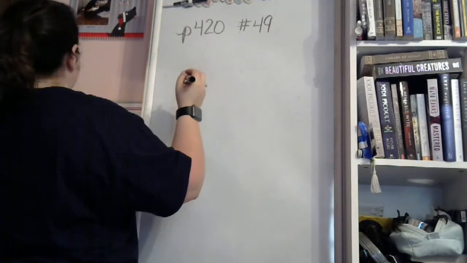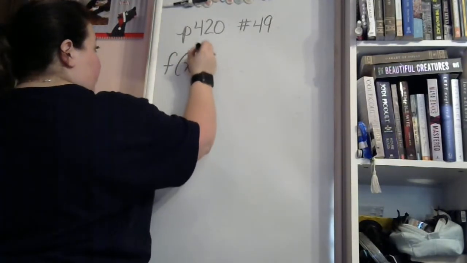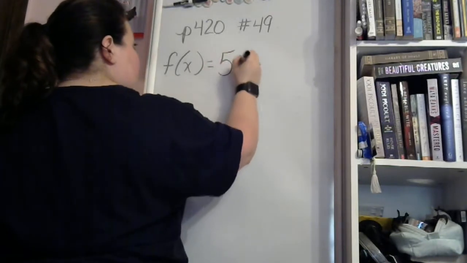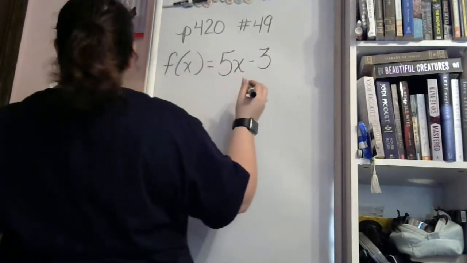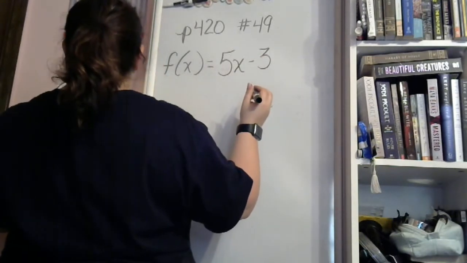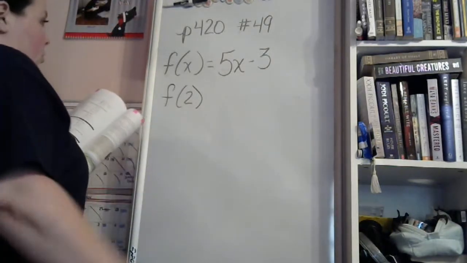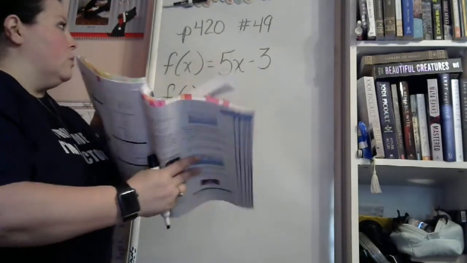So our problem is f of x, or the function of x, equals 5x minus 3. And x, in this case, we're going to do f of 2. This is your value. So now we have to solve. So f of x equals 5x minus 3.